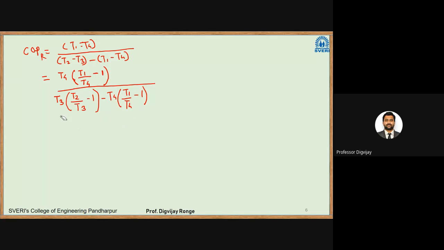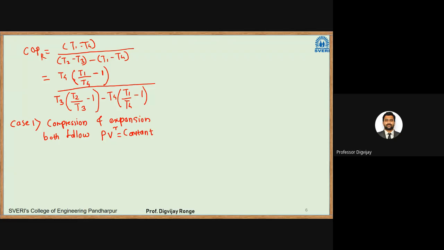Case 1 is compression and expansion, both follow the same law, that is PV raised to the power gamma equal to constant.